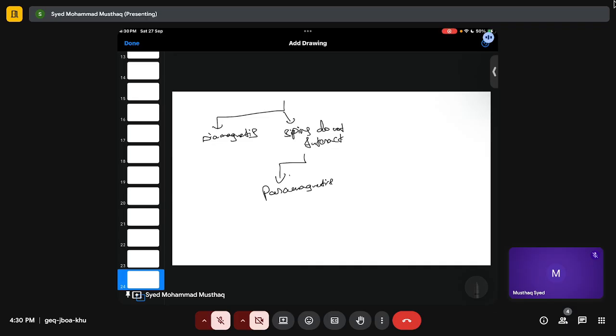You have a paramagnetic material, and if my spins interact, then I have ferro, antiferro, and ferri, because spins are interacting. And why will spins interact? Because of exchange interaction.